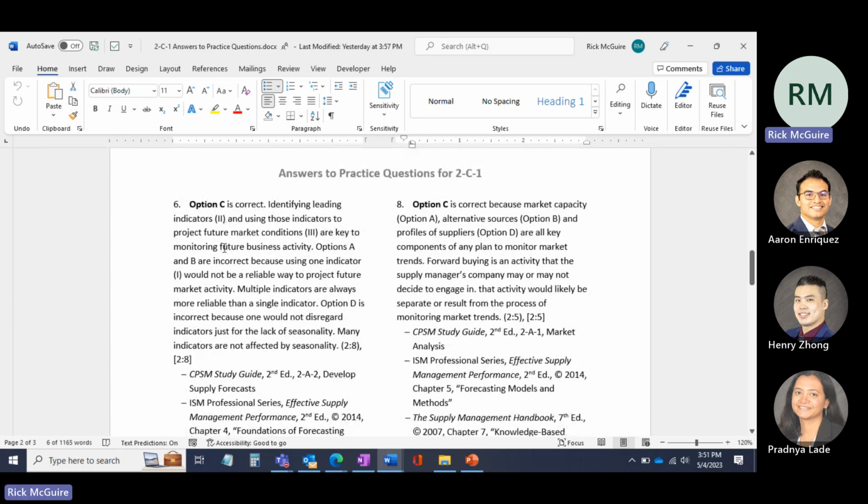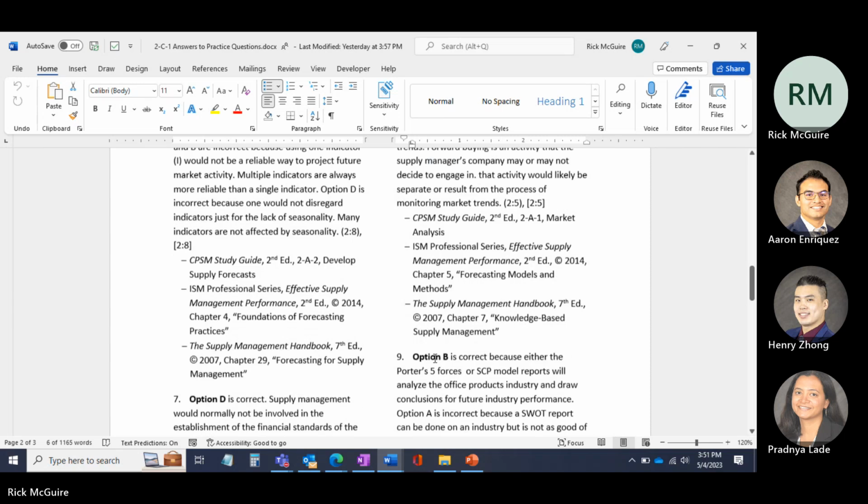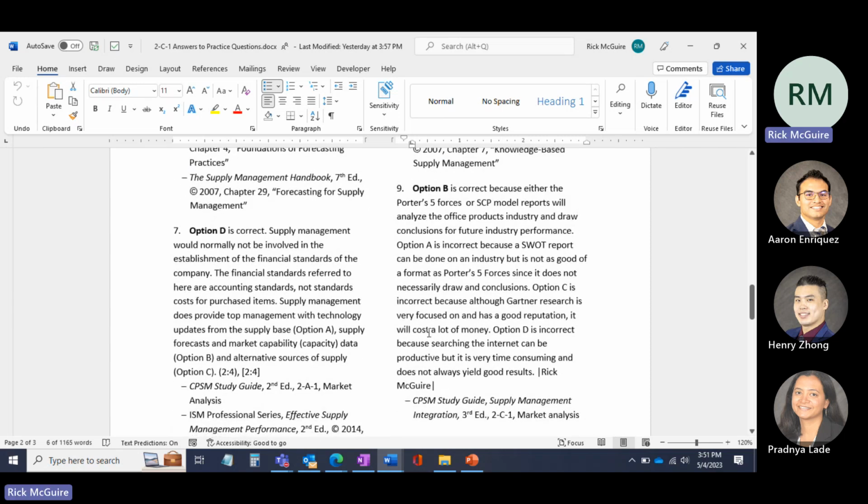8 is Charlie. Market capacity, alternative sources, and profiles of suppliers are all key components. Charlie is not. Forward buying is an activity that the supply management company may or may not decide to engage in, which means you're buying ahead of requirements. 9 is Bravo.